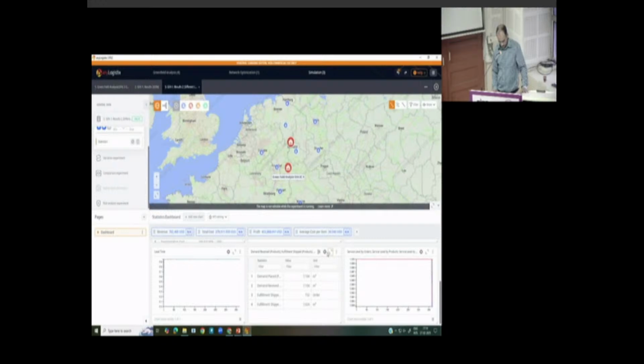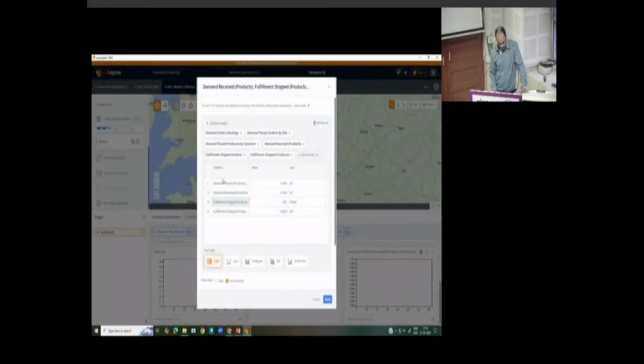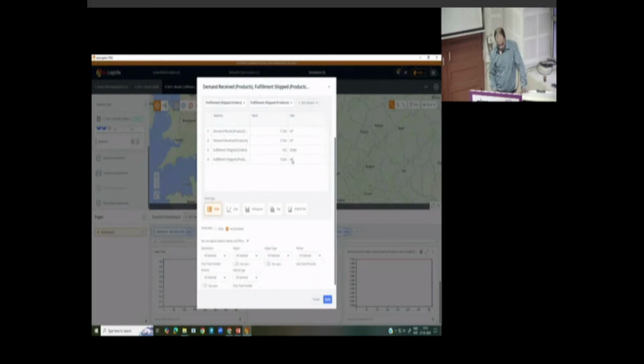Suppose you want to find out the delayed products, how do I do that? You can go here, and select demand products order backlog. Order backlog is not there. Why? Because we are not considering that backlog. Fulfillment, demand place.